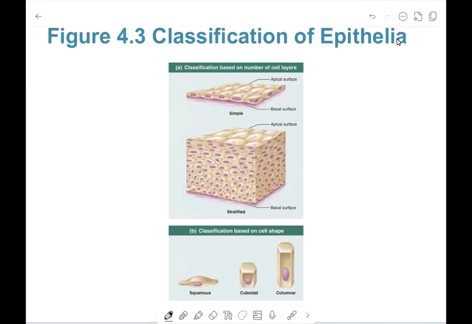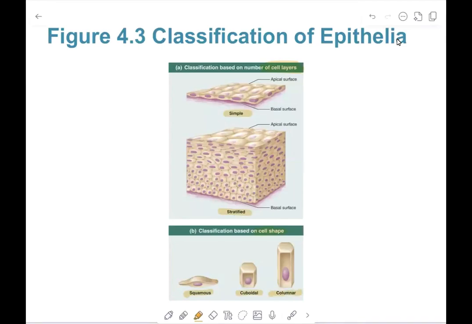So when you name epithelial tissue, there are two criteria you need to use. You need to use a term for the number of cell layers and also for cell shape. For cell layers, you're either going to say simple or stratified. And for the shape, you're either going to say squamous, cuboidal, or columnar.